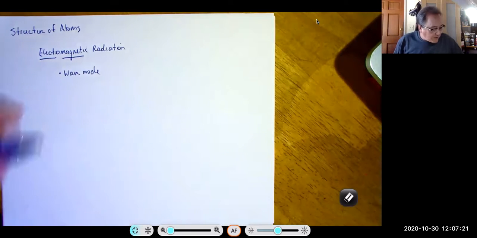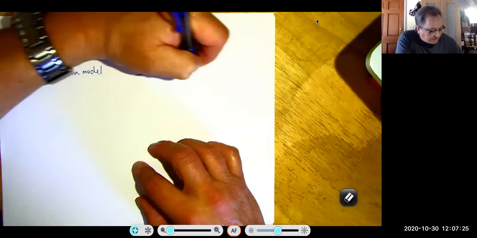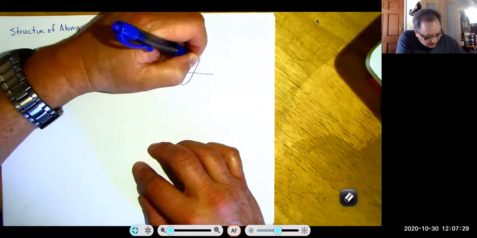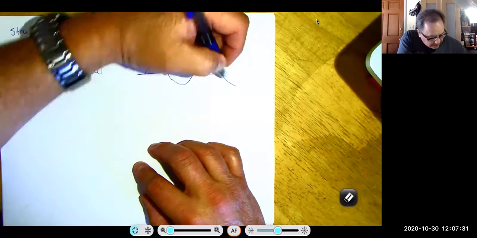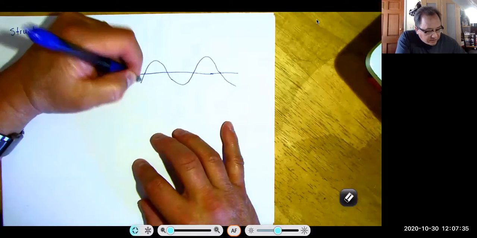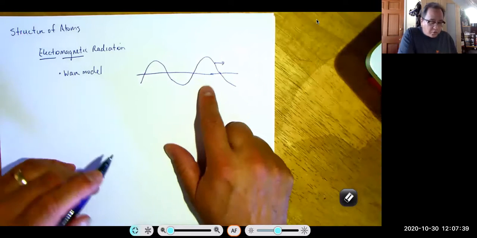So we've got the wave model, and I'll just draw one component. So here's the wave, and these are kind of like waves at the seashore where they're moving towards the shore.